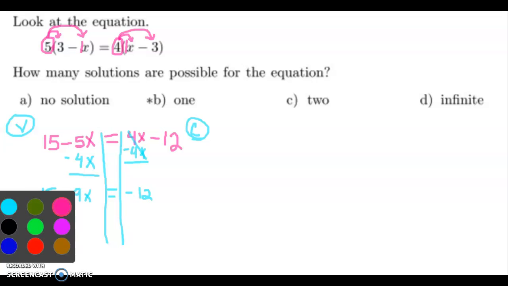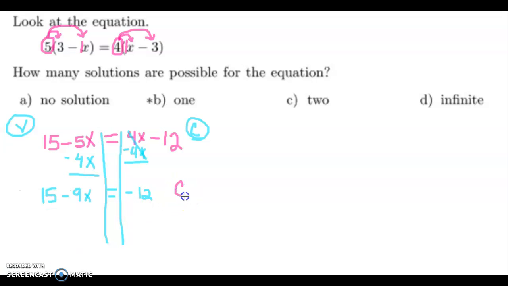Now I have to go ahead and get my constants on the right side. If I look at my constant over here of 15, it's a positive 15. So to zero that out, I'm going to subtract it from both sides. These zero out on this side, and I'm left with a negative 9x.